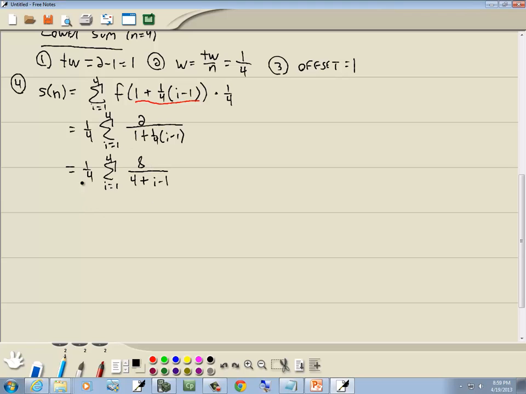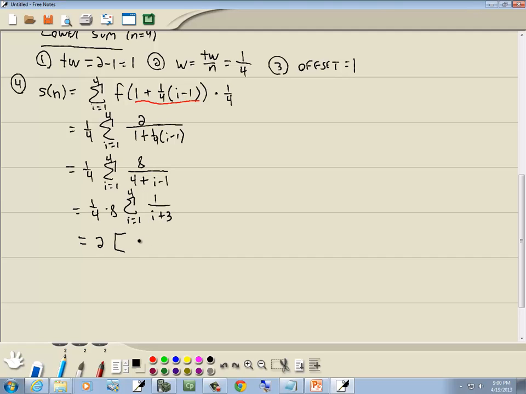Now that 8 I can put out in front again. So that gives us 1/4 times 8, and then i equals 1 to 4 of 1 over i. 4 minus 1 gives us 3. So i plus 3. Okay, 1/4 times 8 is 2. And now we'll plug these in. We'll plug in i equals 1 first.